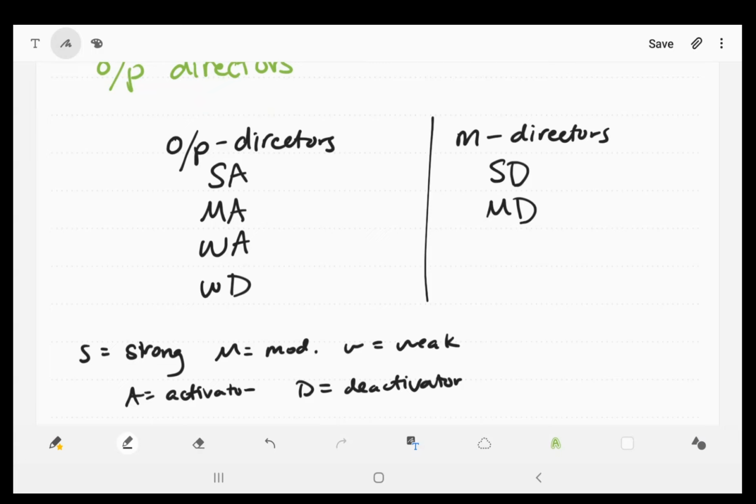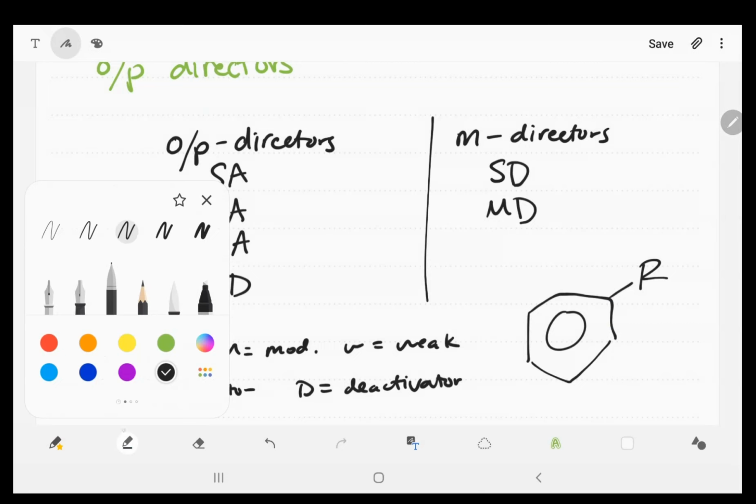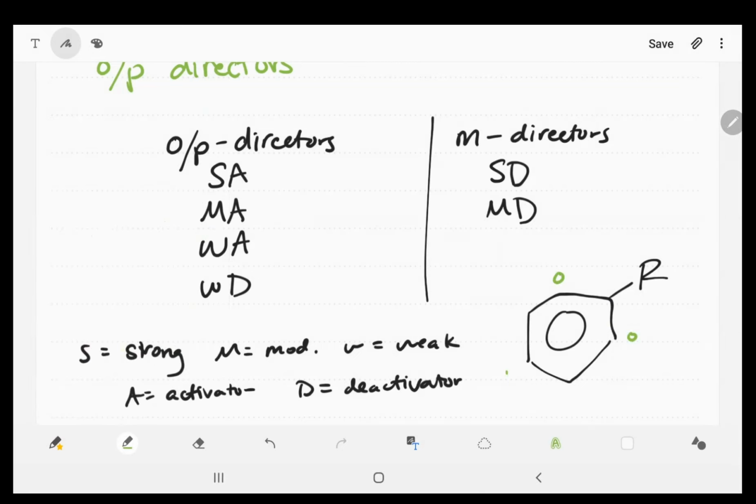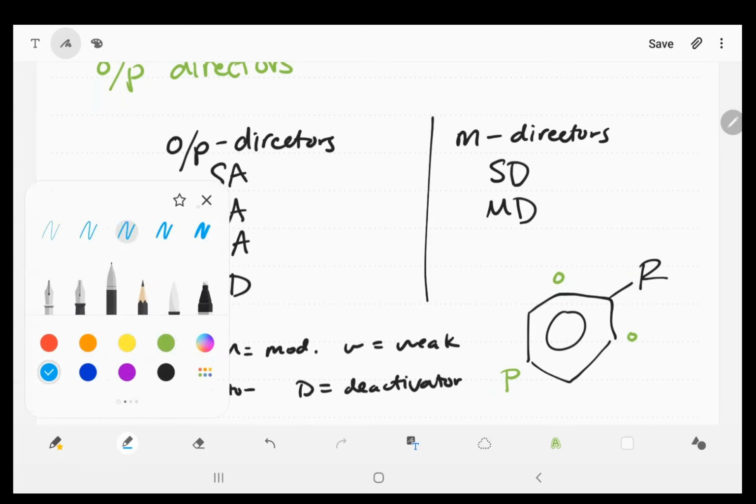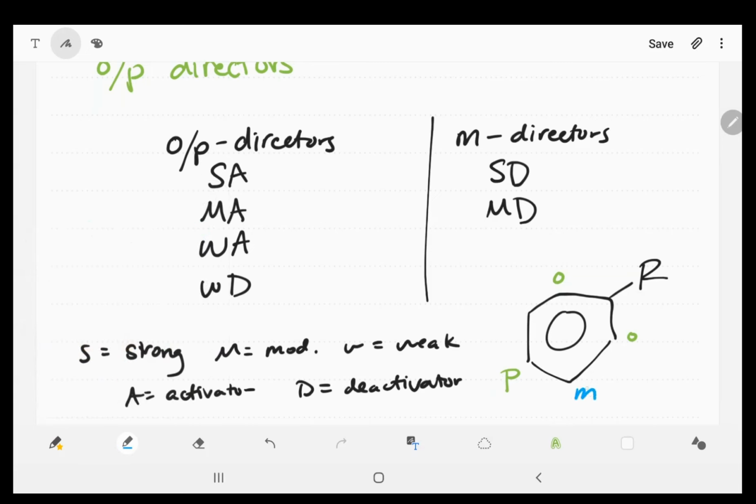Okay. So yeah, just remember that whatever we have on our ring, that substituent will direct things either to the ortho-para positions or the meta positions. So whatever that R group happens to be, it will essentially, I don't want to say force, because it implies that there's some sort of, whatever, fine.